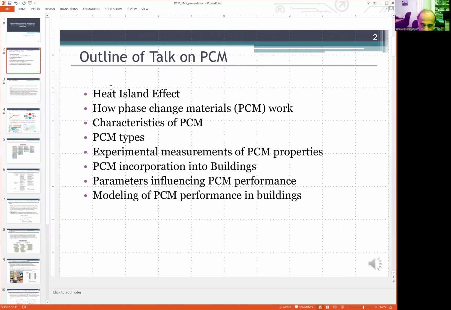is first discuss what the heat island effect is, how phase change materials work, and what are the characteristics of these materials that we need for them to work as we intend to.